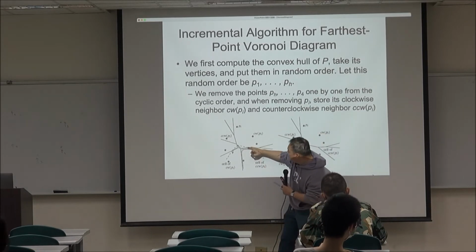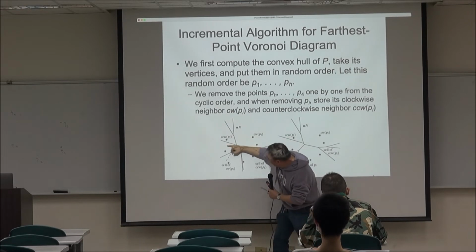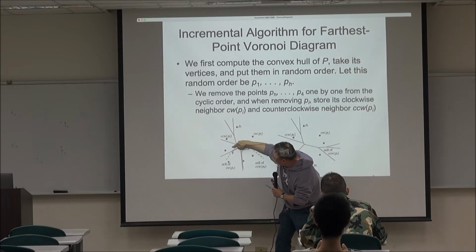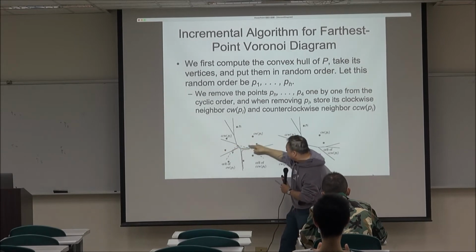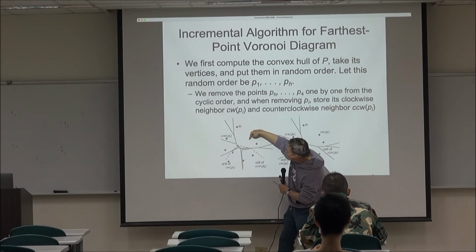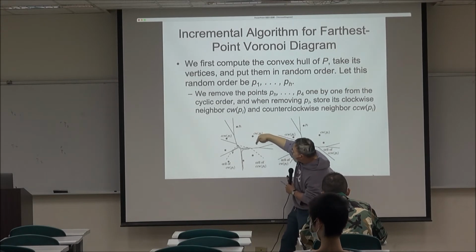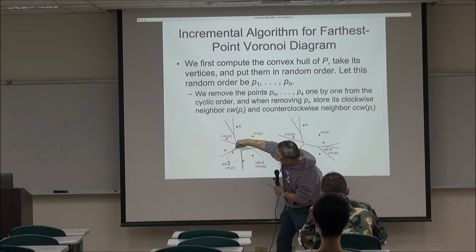And then it will hit this edge, right? Again, it will go to the other side, and you see that this cell belongs to this side. So again, you draw the bisector for PI and this side, which is this edge.